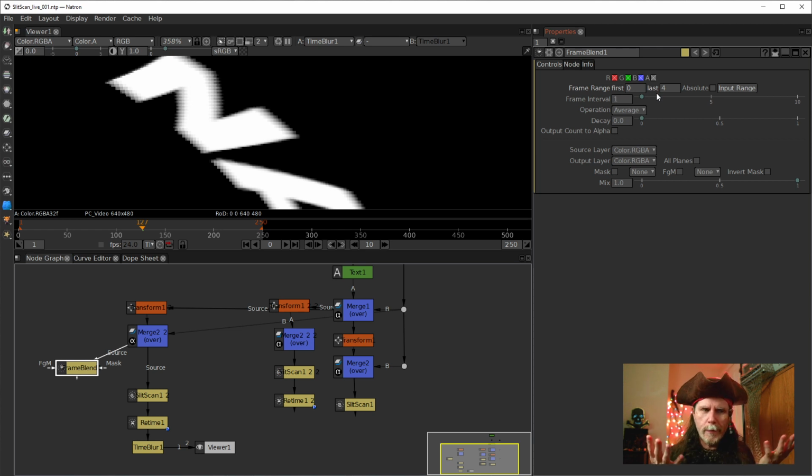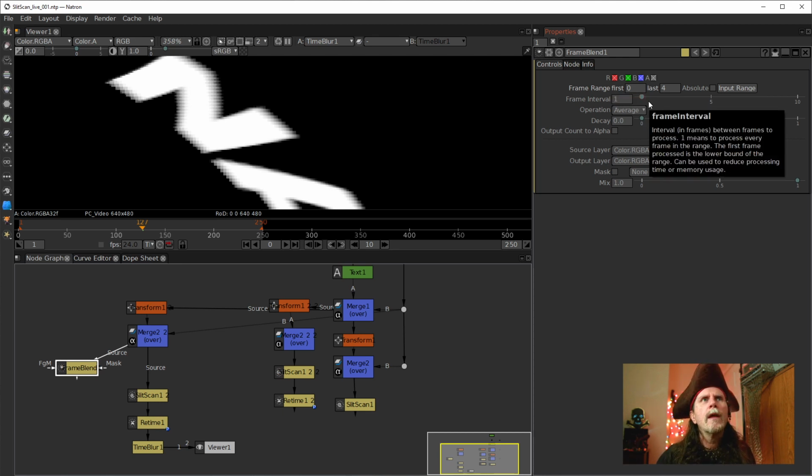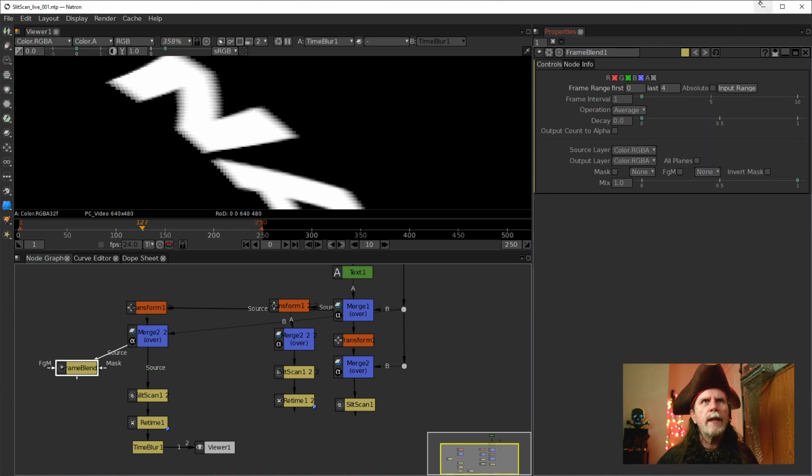So I thought maybe by increasing the interval, it'll skip frames, and I didn't want to skip too many, but I just upped it to 2 just to see if that would speed it up.